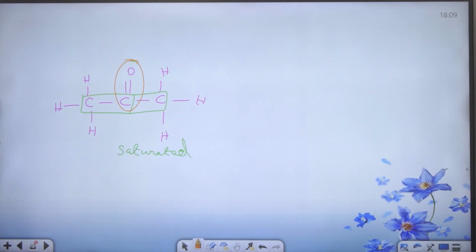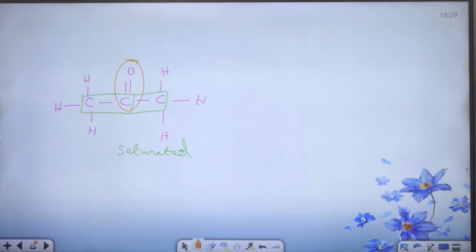Saturated and unsaturated compounds depend on the carbon-carbon bonds. If carbon-carbon single bonds are present, the molecule is saturated. If carbon-carbon multiple bonds, double bond or triple bond, are present, the molecule is unsaturated.